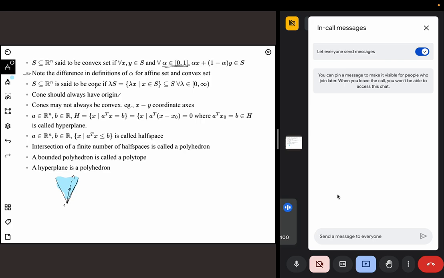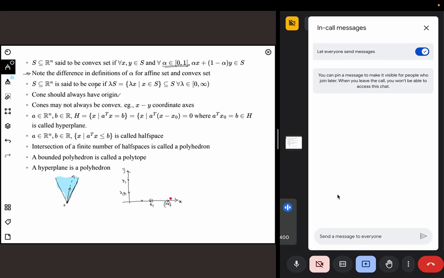The next thing is cones may not always be convex. Just because you have a cone doesn't mean it will be convex. For example, let's take the xy coordinate axes. My cone is basically any point I take on the axes. Let's take this point. If I scale this point, it will become a new point, lambda x1, which also belongs to the same set, since it is also lying on the coordinate axis. So this is still a cone. I can take any point here, say this is y1, and scale it down as well. That point also lies on the y-axis.